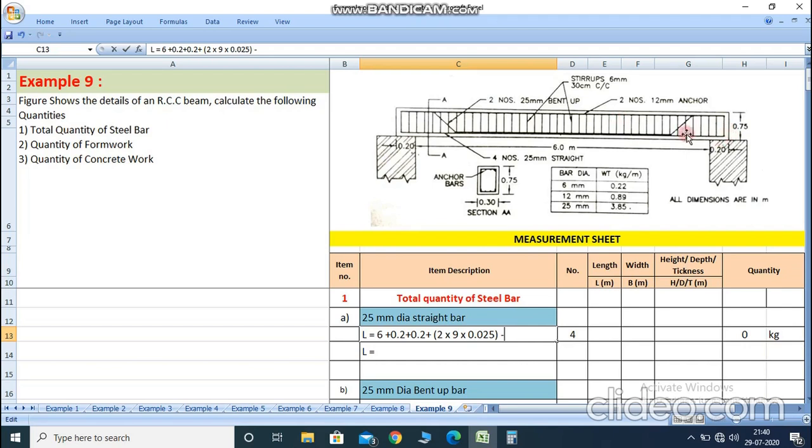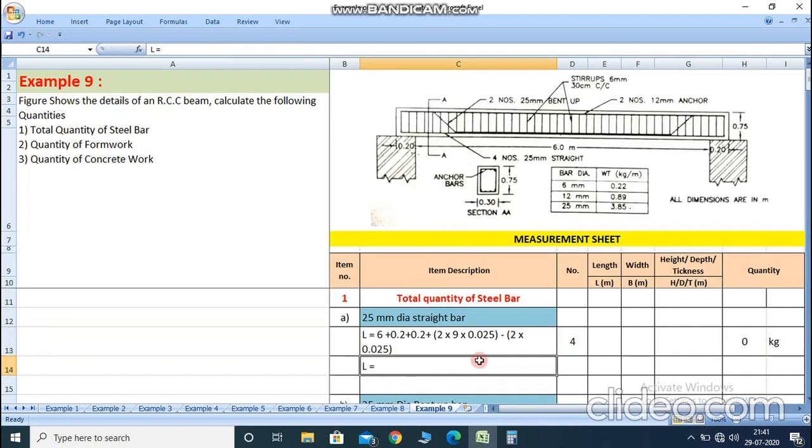If the cover thickness is not given, we assume it as 2.5 centimeter. So now both side covers are excluded, minus 2 times cover thickness. 2.5 centimeter converted to meter is 0.025.